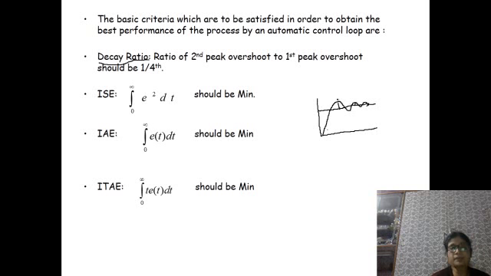These two are the features based on which the controller tuning is to be selected. One is decay ratio, which is the ratio of second peak overshoot to first peak overshoot, and the other feature is error.